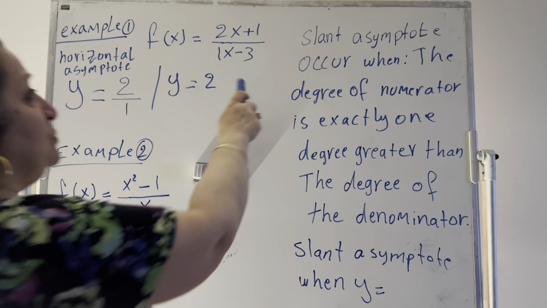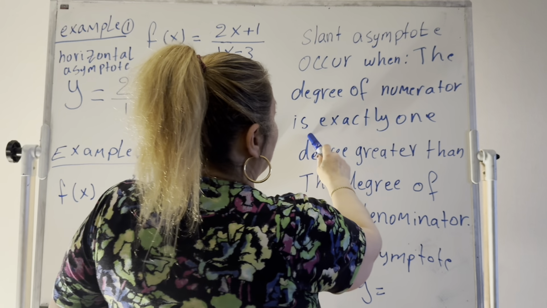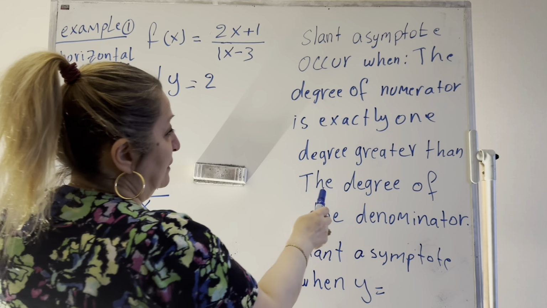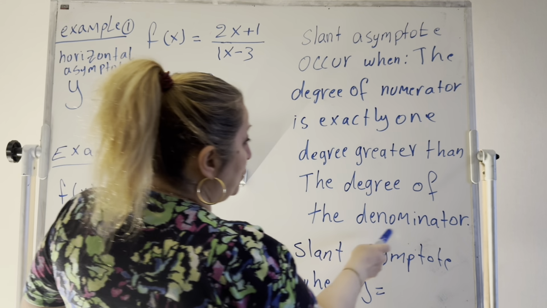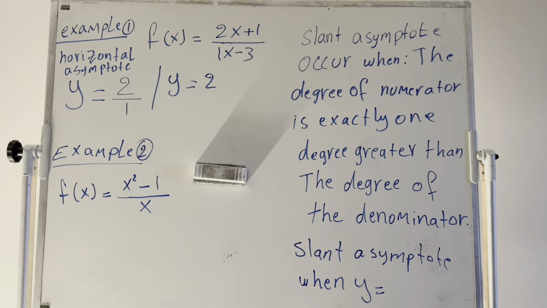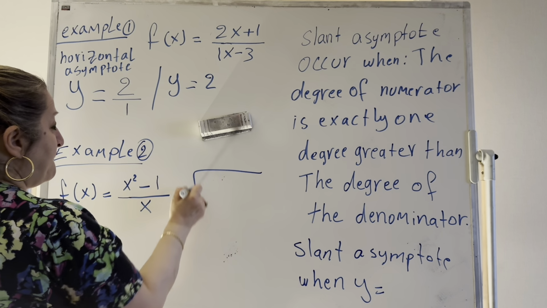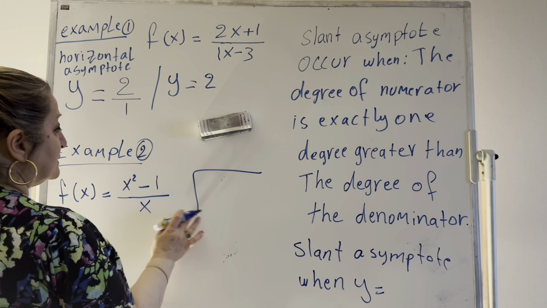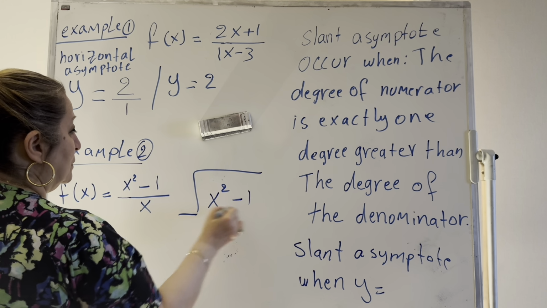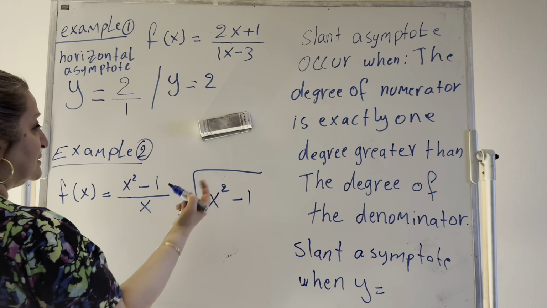A slant asymptote occurs when the degree of the numerator is exactly 1 degree greater than the degree of the denominator. Here we can use long division to find the slant asymptote. How many x in x squared?